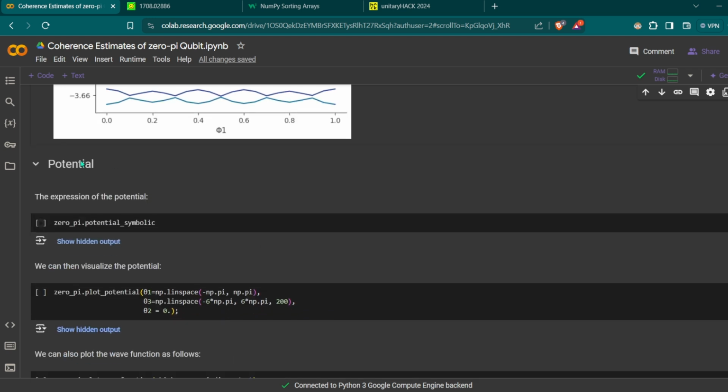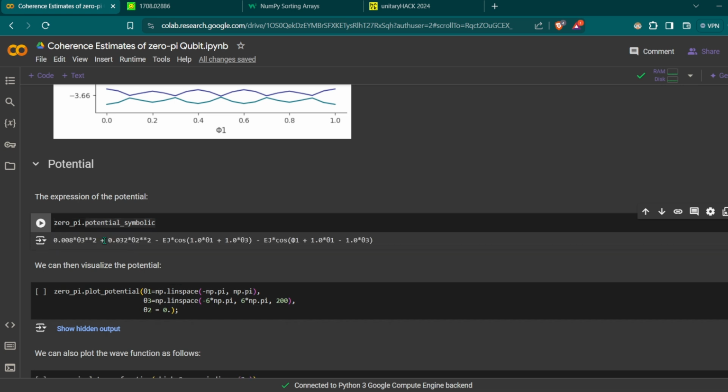Now we can also plot the potential, and for that we're going to get the expression for the potential. We'll call this attribute, that is the u pi potential symbol, and then we'll get the expression in terms of the theta.